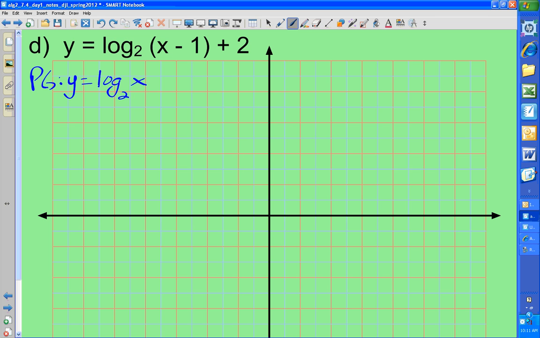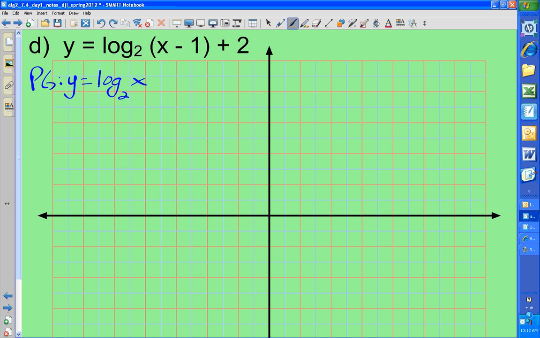Now let's say you forget your critical movements later, the right, left, you can't remember what to do. Remember, we can use the definition of a log and just make y be -1, 0, and 1. When y is 0, for example, what's 2 to the power of 0? 1. So that means x is 1, y is 0.